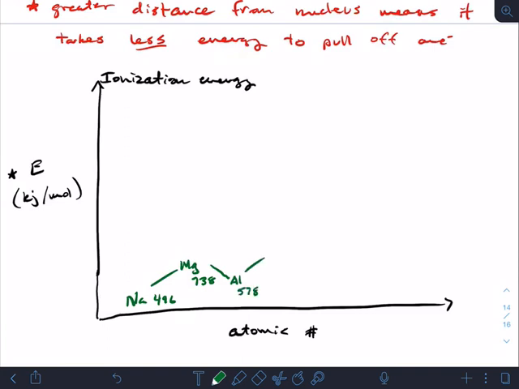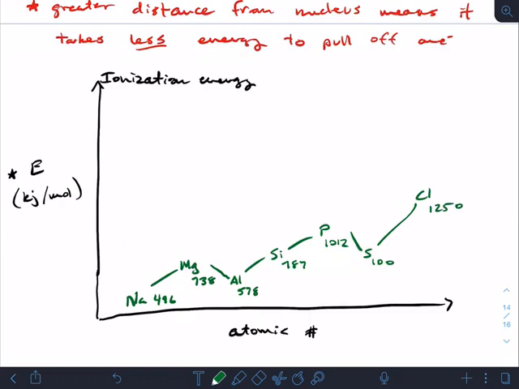Then it drops down a little bit to aluminum at 578, and goes up to silicon at about 787, and up again to phosphorus at about 1012. Then it drops, not sharply, but some, to sulfur at about 1000, and then climbs again to chlorine at about 1250.